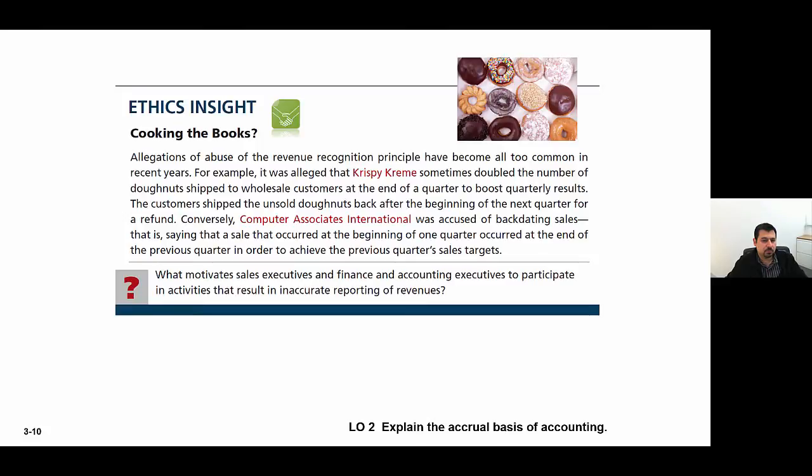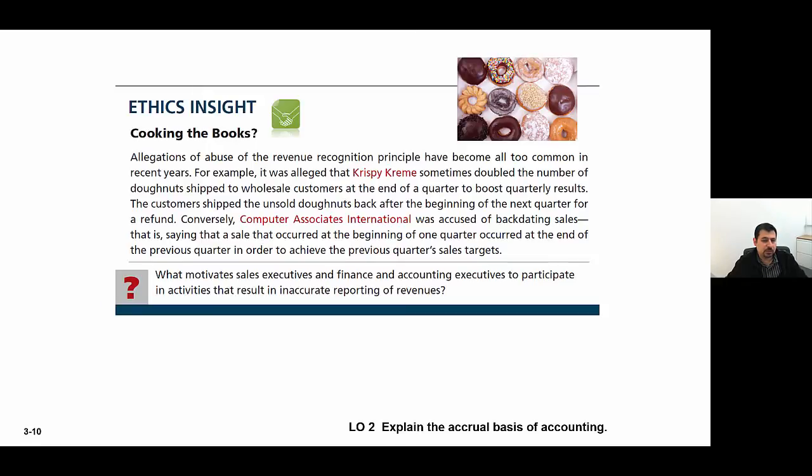To avoid that, sometimes management can, for example, boost their sales. Take a scenario where a computer company falls short on their forecast, and in order to boost their sales, they go in December and make a huge sale.